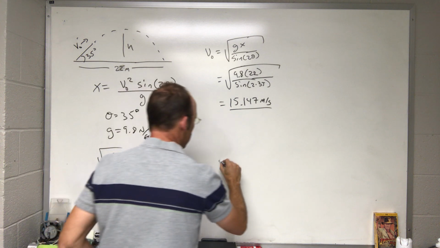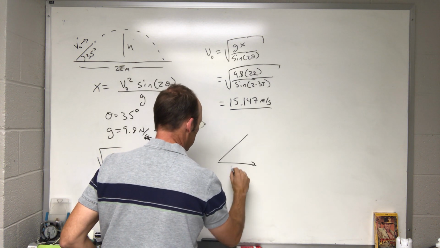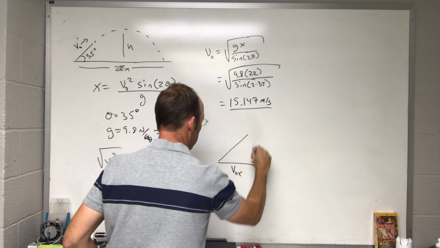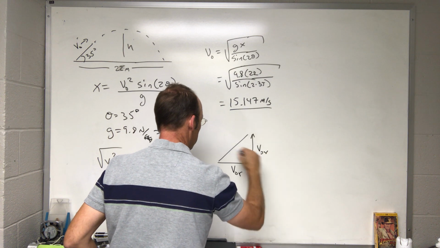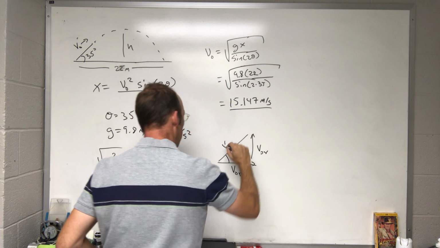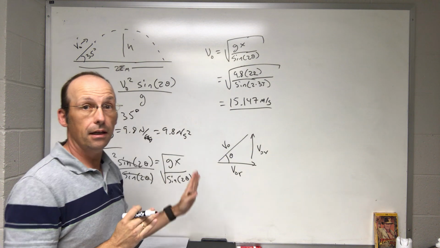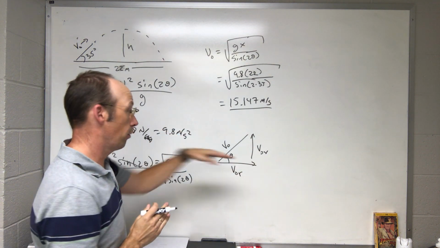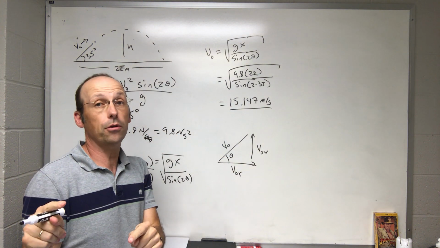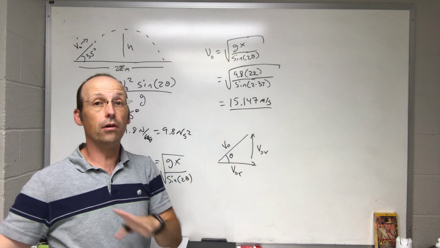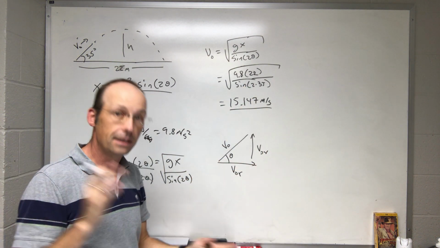So if I shoot it at an angle, then I have a vertical velocity and a horizontal velocity. The key to projectile motion is that I can treat horizontal and vertical motions separately.